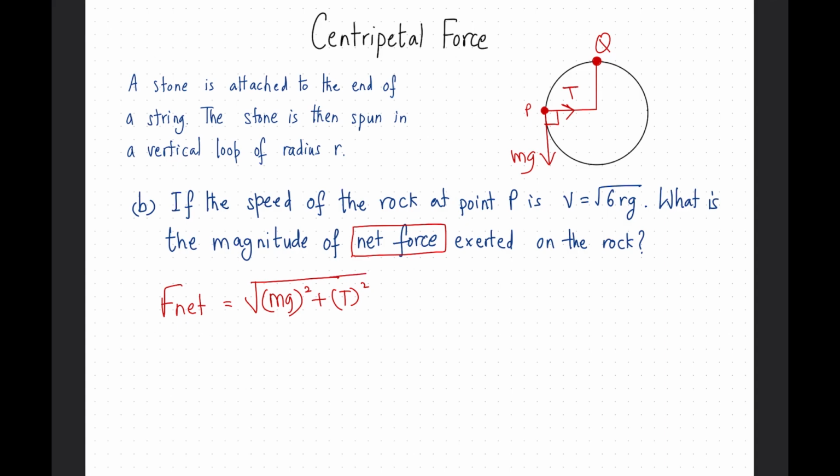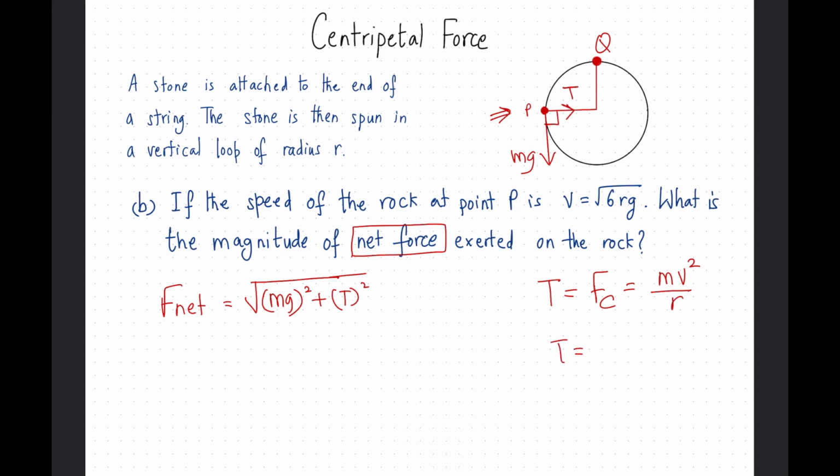Now we don't know what T, the tension in the string, is, but we know that tension is the centripetal force acting on the stone at point P, because at point P the net force acting towards the center is only the tension force. So I can also replace Fc by mv square over r.